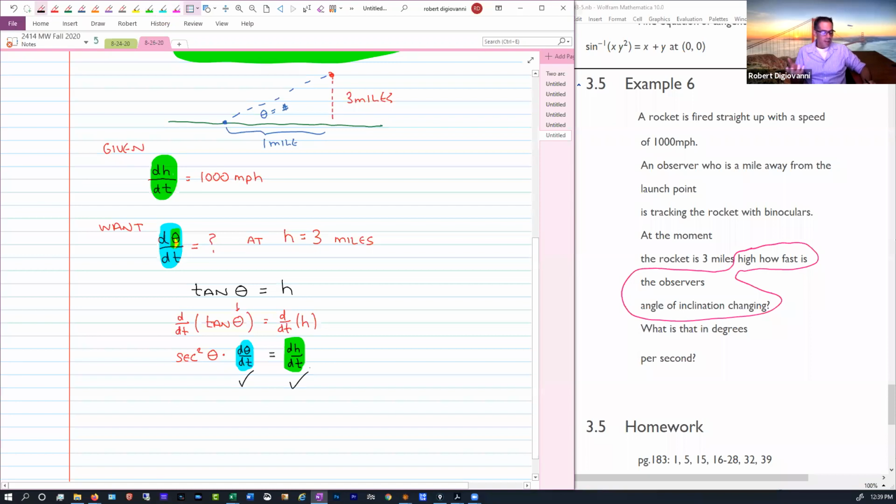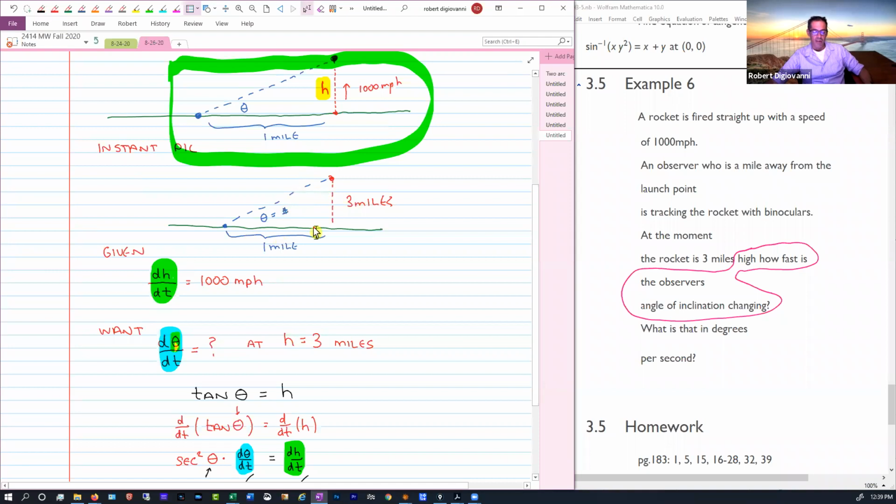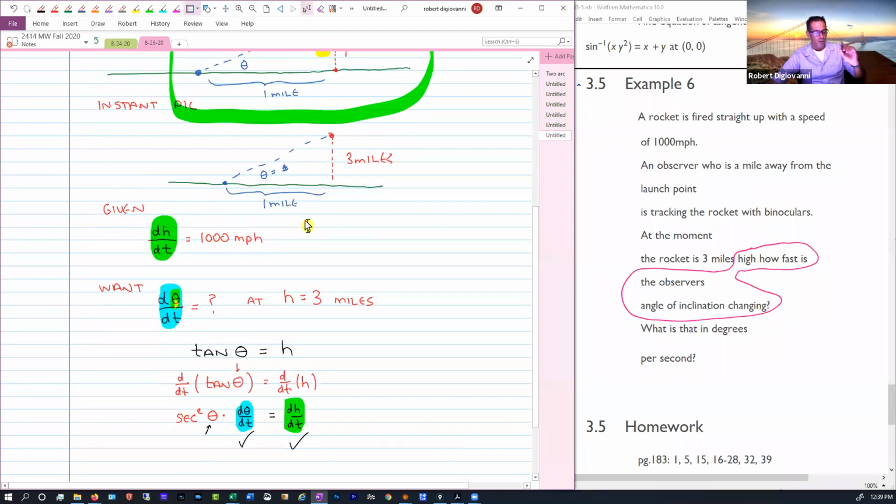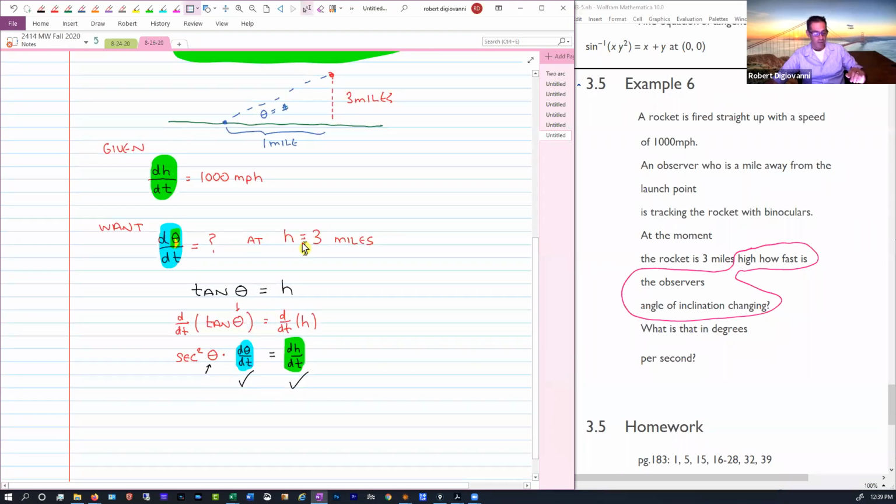The only thing left to figure out d theta dt is to figure out what theta is. But I'm going to have to get theta from this triangle, using some tricks. So although this works, and I could keep going, I need to show you why this is not the most efficient way. I want you to rethink this problem.